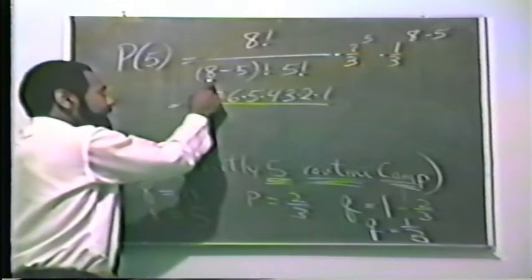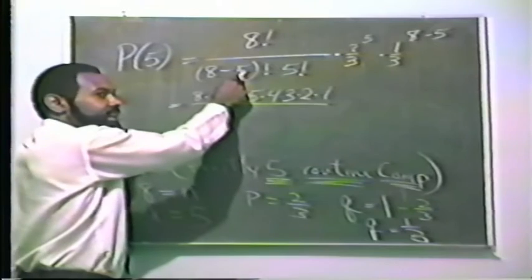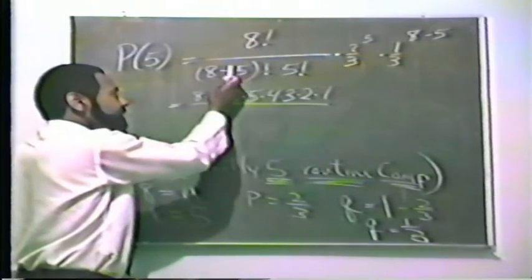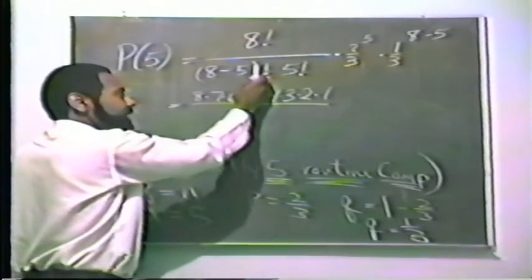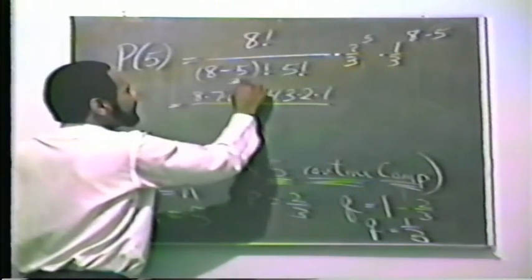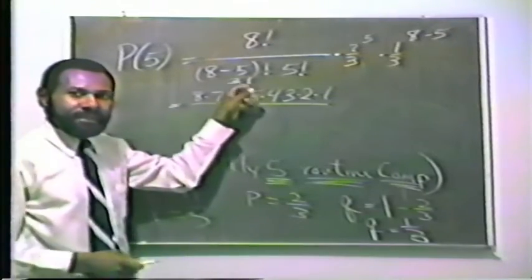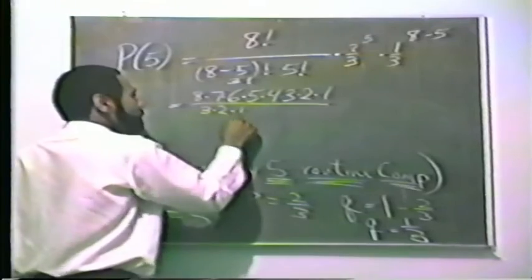Now in the denominator we have 8 minus 5, which gives us 3. So this gives us 3 factorial here. If we write that out in the denominator, it would be 3 times 2 times 1.